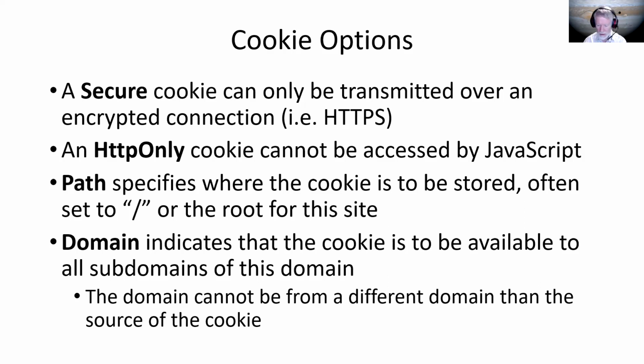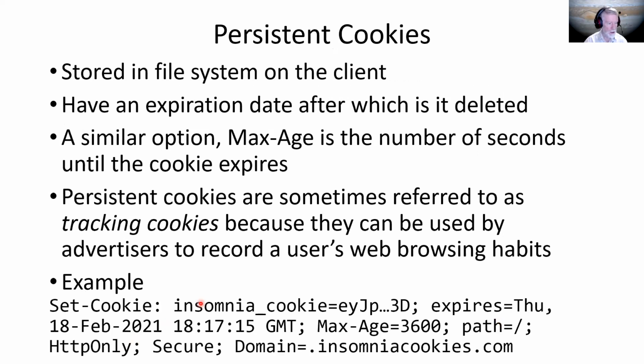If you look at the previous example here, the cookie is called insomnia_cookie, and I shrunk it here because it was rather lengthy, but there it is. And it is probably base 64 encoded. You can typically tell it's base 64 encoded if it consists of upper and lowercase letters, numbers, and maybe a minus sign and a slash. Those are the base 64 values.